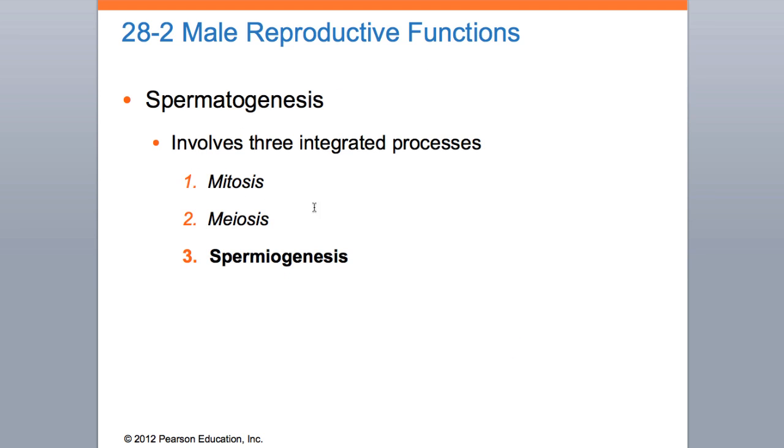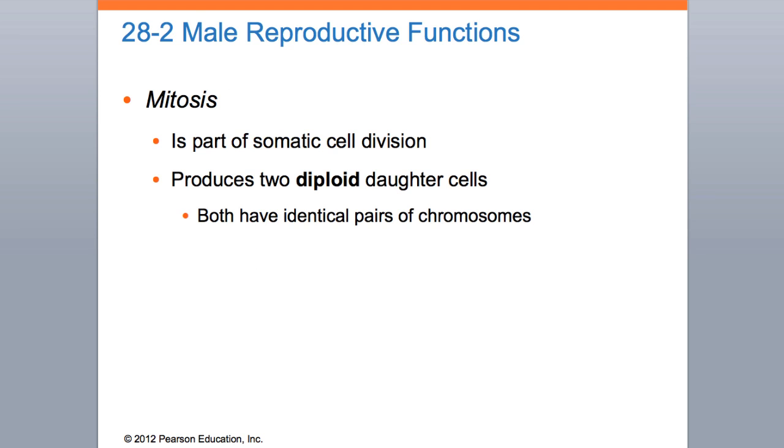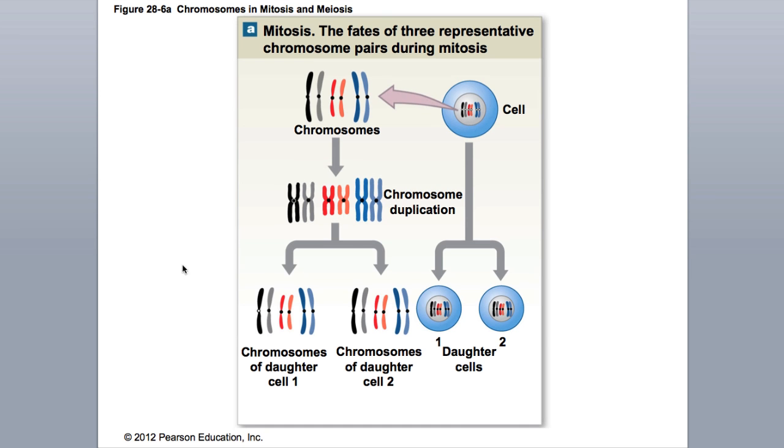We've already talked about this, so we have a little bit of mitosis initially, and then meiosis, and then we have spermatogenesis. Next slide. Now, mitosis, the initial part is making two diploid cells, but I don't want you to get confused by that. I really want you to study the fact that they actually become haploid through meiosis.